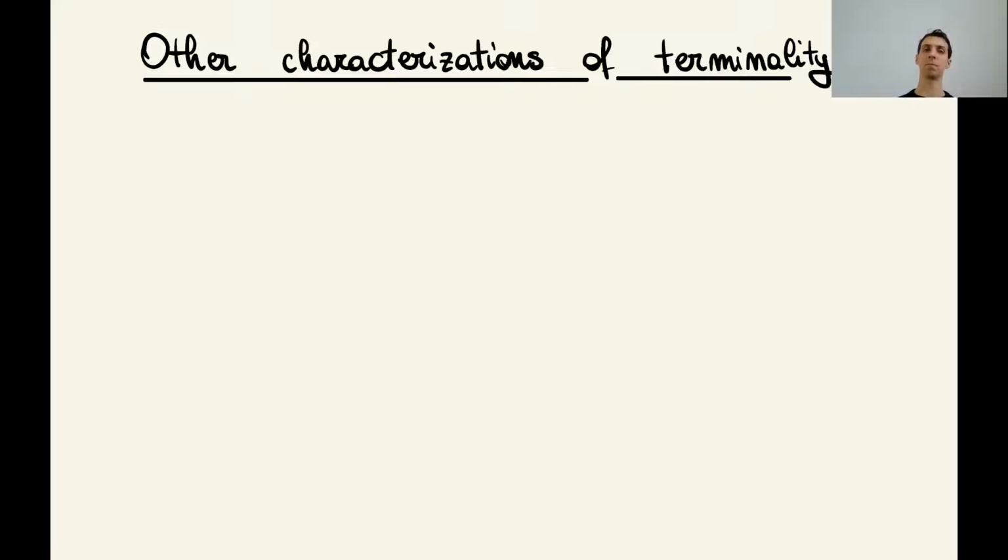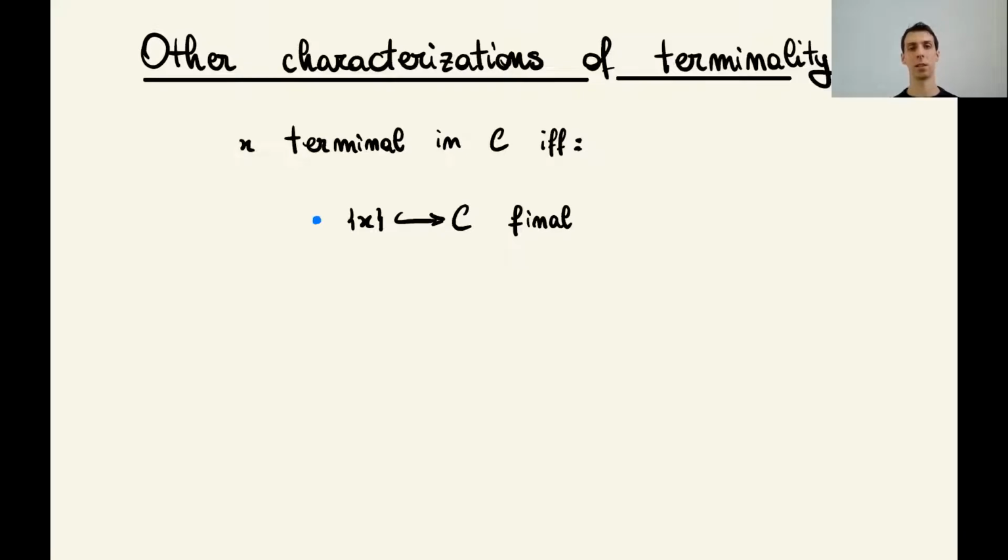Well, we have some different characterizations of terminality in the context of one categories, and we can check if, by generalizing these different characterizations, we end up with the same notion for two categories. A couple of these alternative characterizations of terminality are: X is terminal in the category C if the embedding of this object X into C is final.